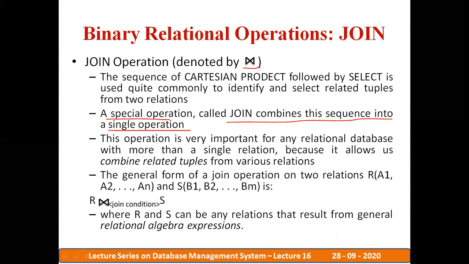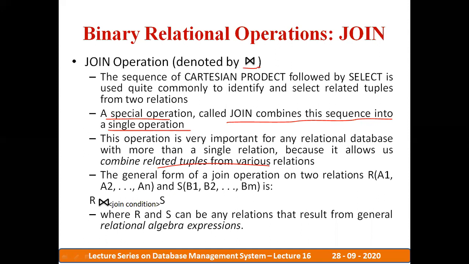The join operation is very important for any relational database with more than one relation, because it allows us to combine the related tuples from various relations. It is usually used whenever more than one relation is involved.